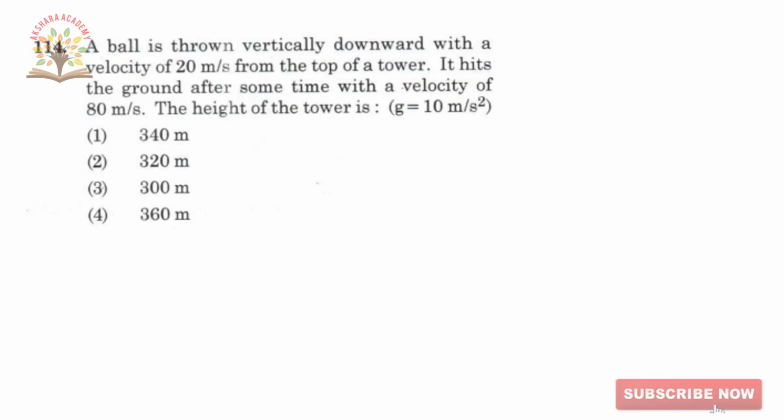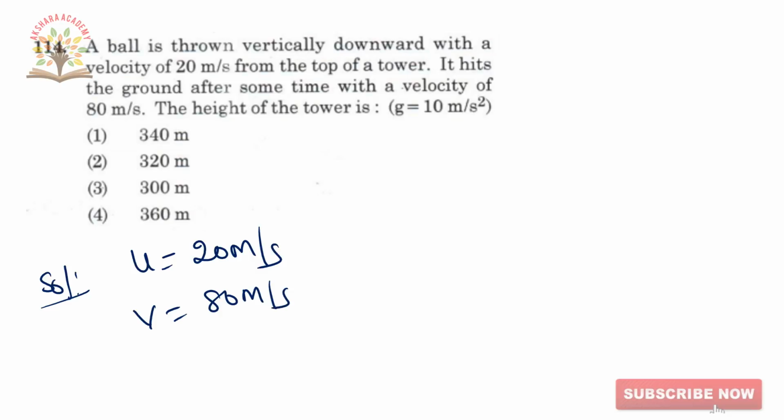Here I am writing the solution. u is equal to 20 meters per second and v is equal to 80 meters per second. h is equal to v square minus u square by 2g.